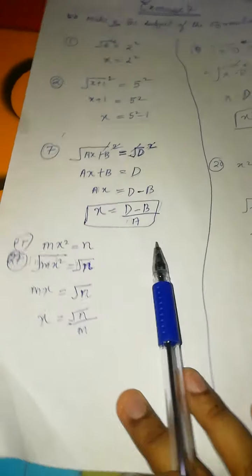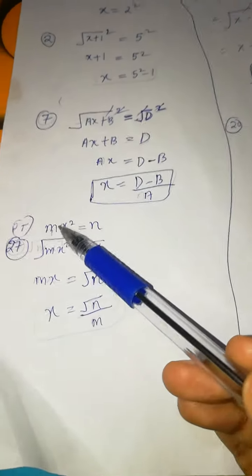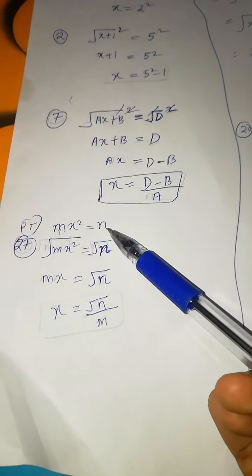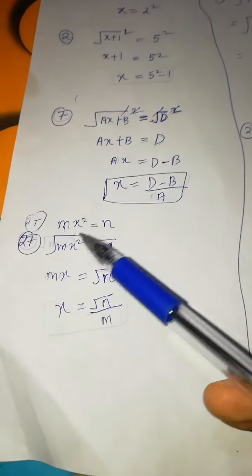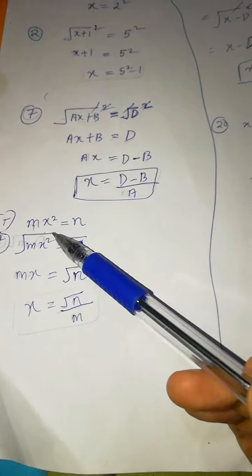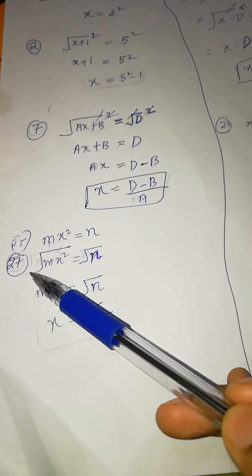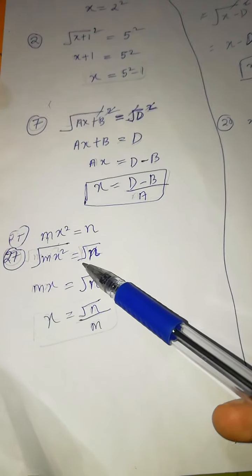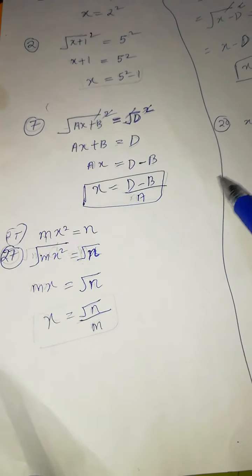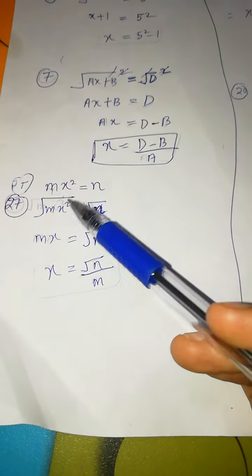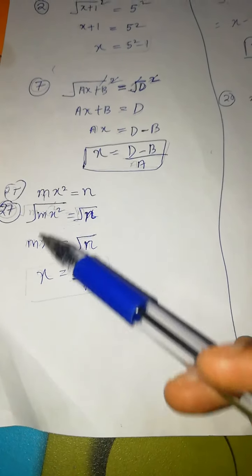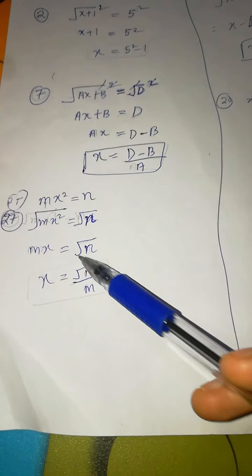Here the question, I told you, was like this: mx square is equal to n. To remove the square we have to put a square root. So I put a square root. If I am putting a square root to this side, I have to put a square root to this side. So I put a square root to both sides. The square root and square will get cancelled. Now what is left? Mx is equal to square root n.